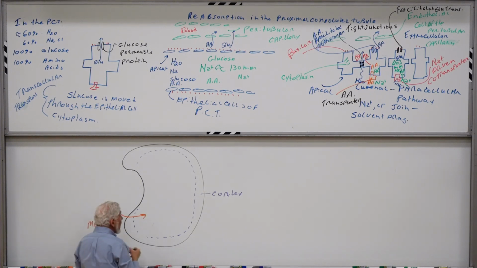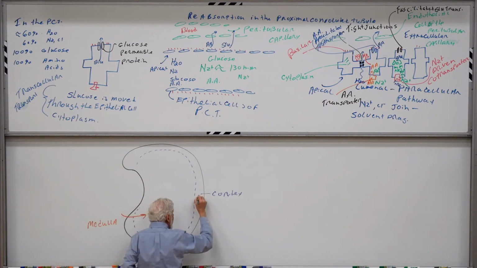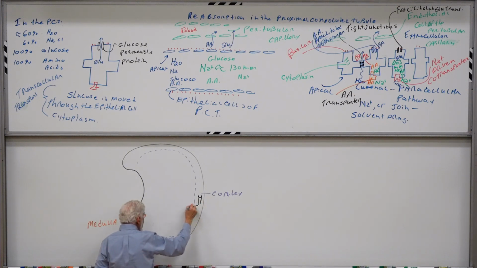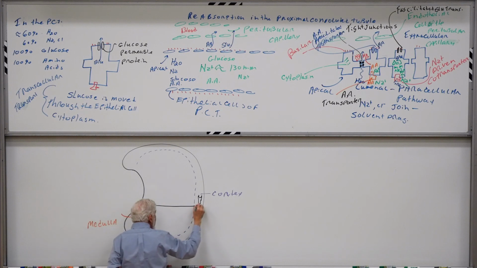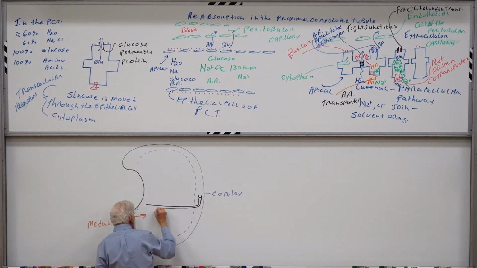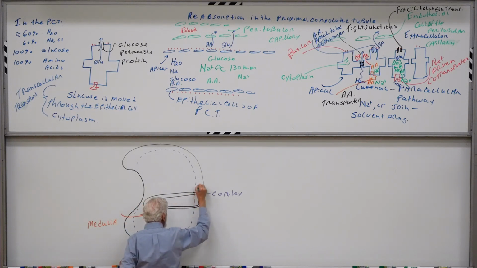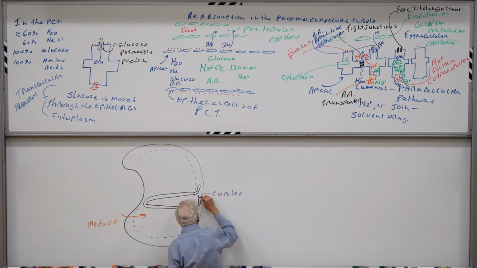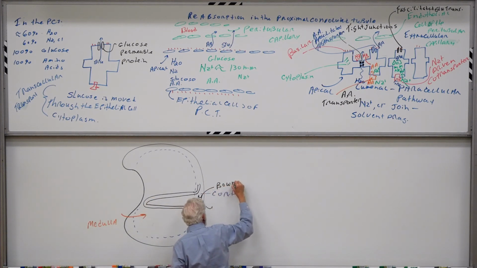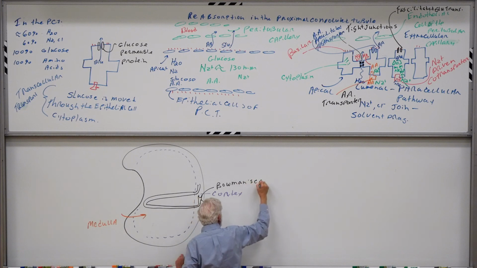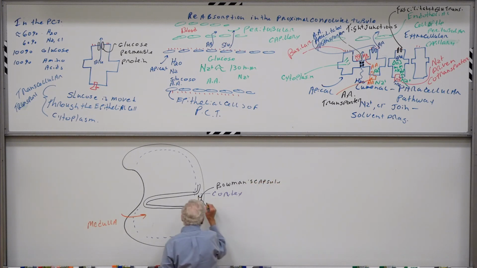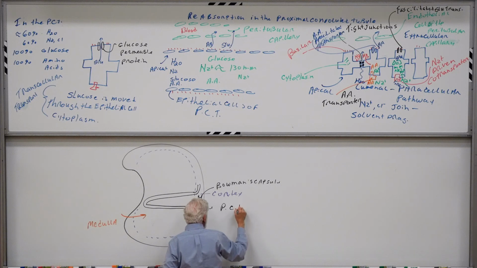And we put into context here one of those nephrons. Now, I'm going to draw this again, but recognize as I do this, there will be literally hundreds of thousands of these. And I'm going to name the parts here. This is the Bowman's capsule. This is the proximal convoluted tubule.